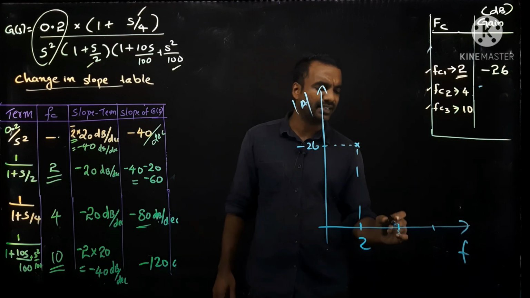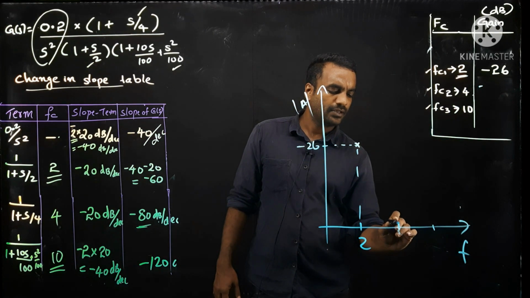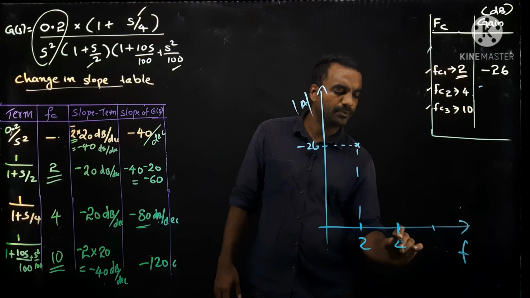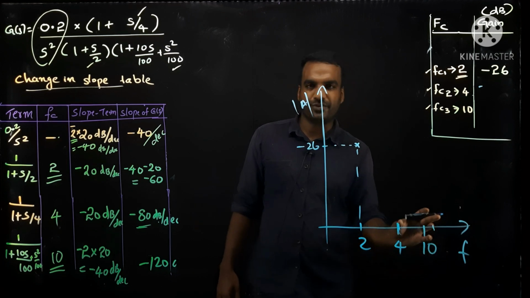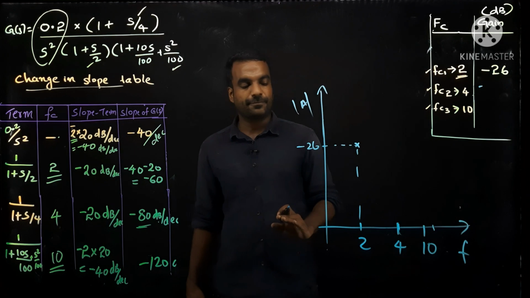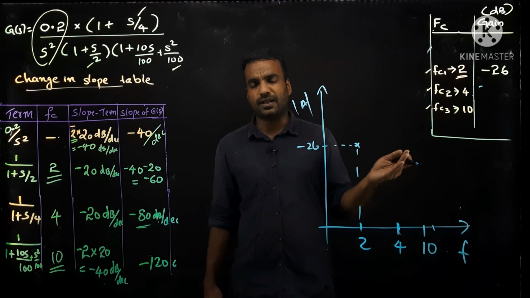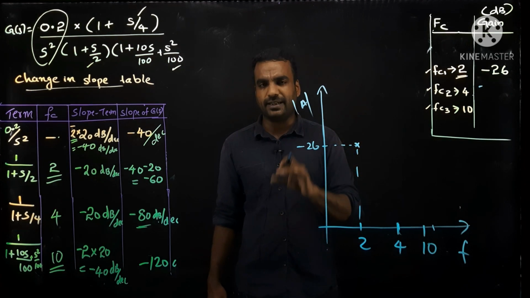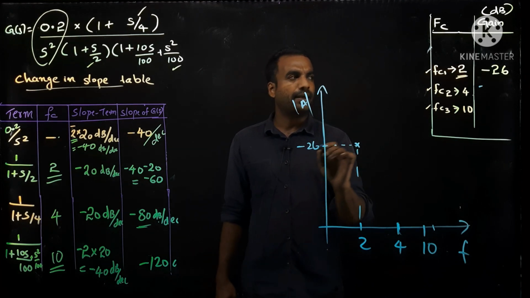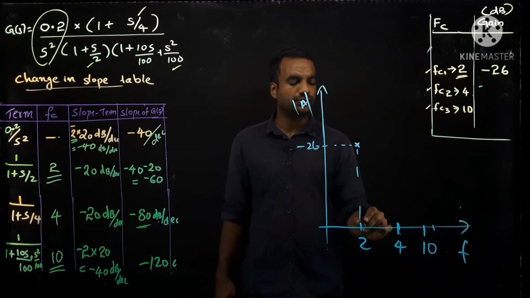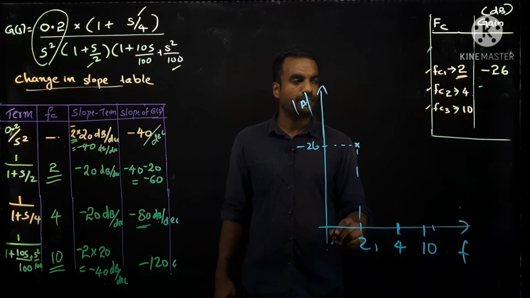Now we are just taking these points. At least learn one thing, these points will not be in uniform division, because it is a semi-log axis. I will explain what a semi-log graph sheet is in the final part of this lecture. Now, just for understanding, minus 26 is the gain for this corner frequency 2.